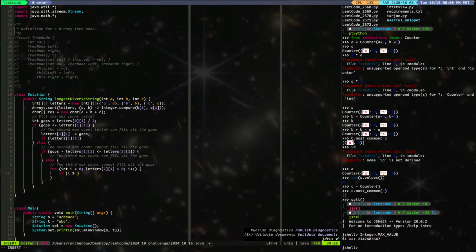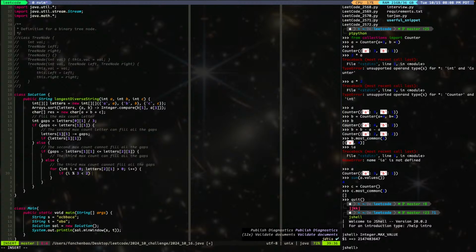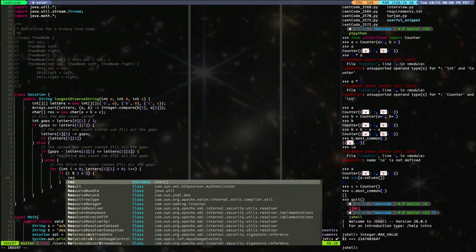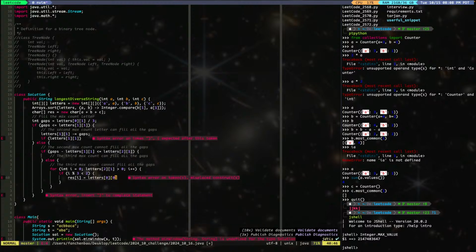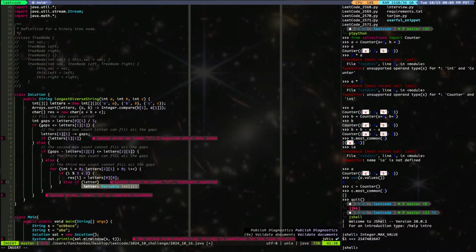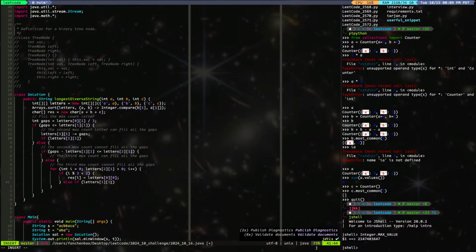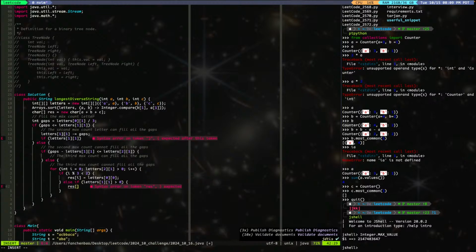If I mod 3 is smaller than 2, res I equal to letters 0, 0. Okay. Else, if letters 1 is larger than 0, res I equal to letters 1, 0.